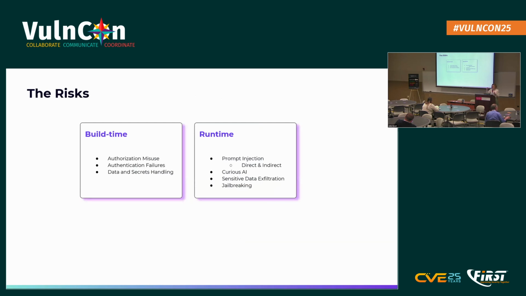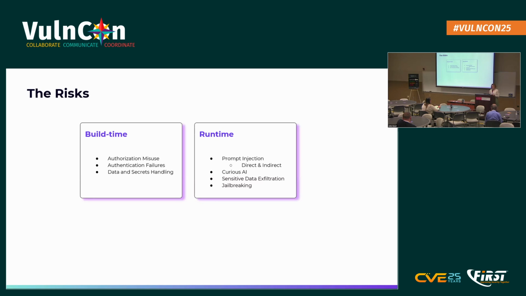That's how we're building these applications. And again, from that 2024 report, the top 3 risks identified in these environments were authorization misuse, authentication failures, and data and secrets handling. So I think we're all probably pretty familiar with those as risks from the traditional application security, vulnerability management space. Looks a little bit different. We're going to talk about some examples.